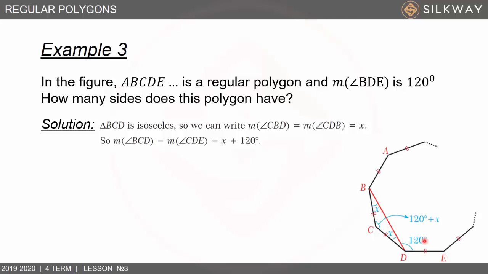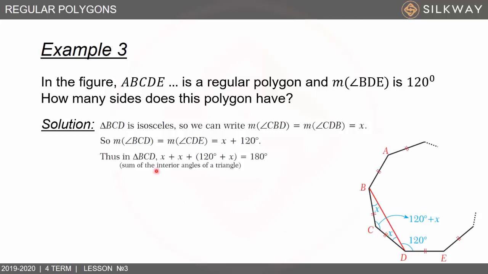And we know that a regular polygon has equal angles, and the angle C is also equal to 120 degrees plus x. After that, look at triangle BCD here. Here we can find x easily because we know that the sum of the measures of the interior angles of a triangle is equal to 180 degrees.